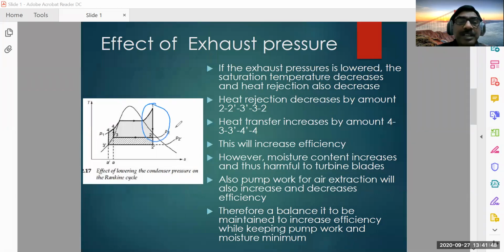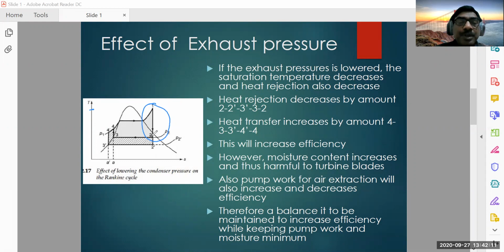So the steam will be entering the turbine at point 1 at this particular temperature and the boiler pressure, T1 and P1, and then it will be expanding isentropically in the turbine. Ideally, it should be isentropic expansion, right?